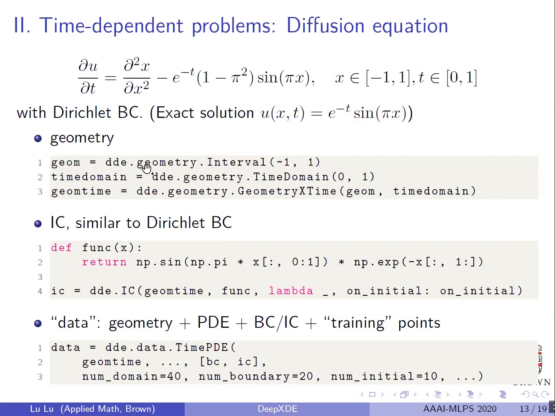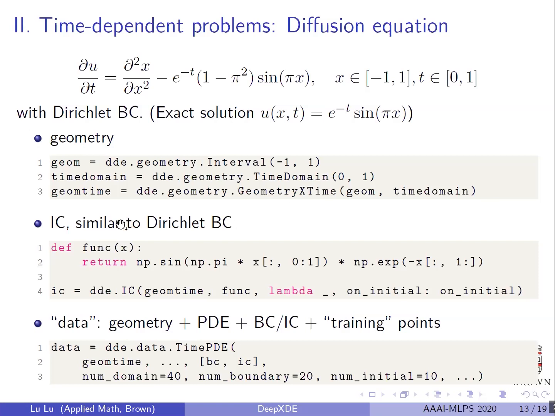So besides defining the space domain as an interval from -1 to 1, we need to define the time domain to be from 0 to 1. Then our space-time domain is just a cross product between our space domain and our time domain.